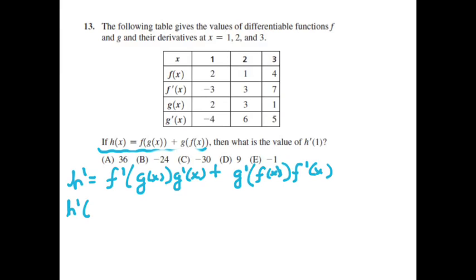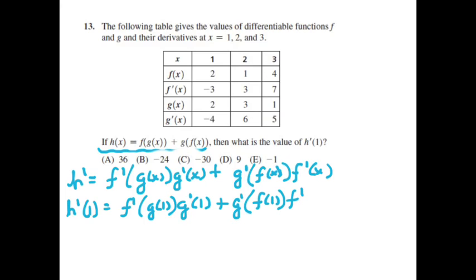H prime of 1 is going to be equal to f prime of g of 1 times g prime of 1 plus g prime of f of 1 times f prime of 1. And so now let's start filling in numbers from the table. F prime of g of 1, so I need to find g of 1 first.